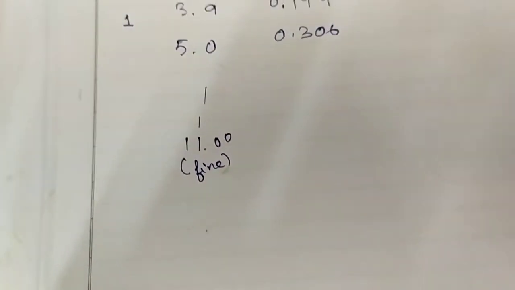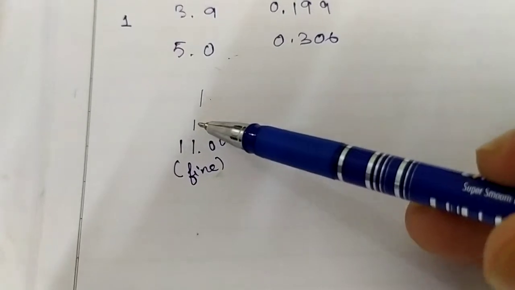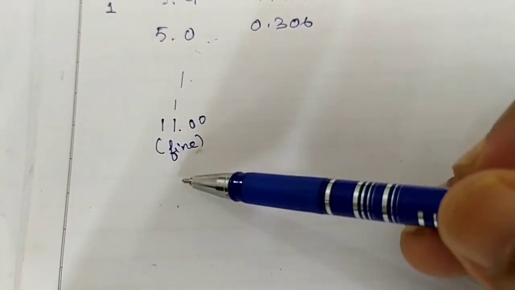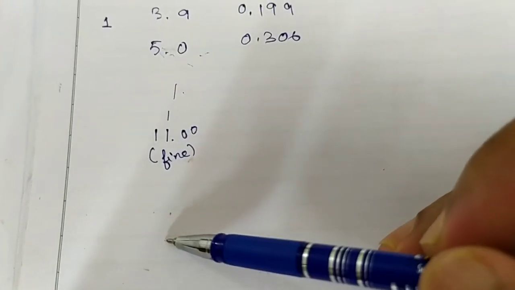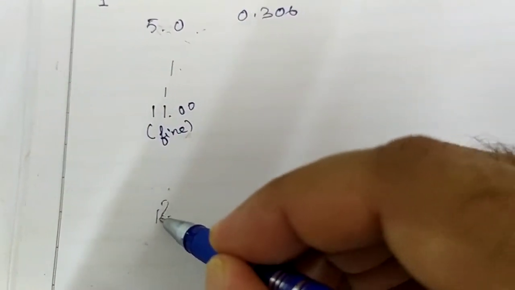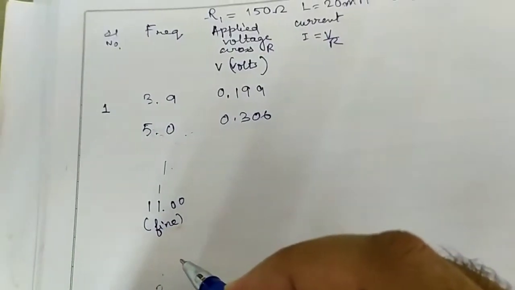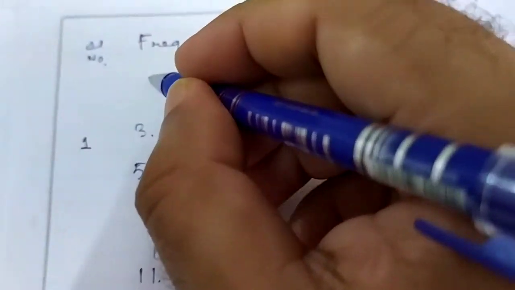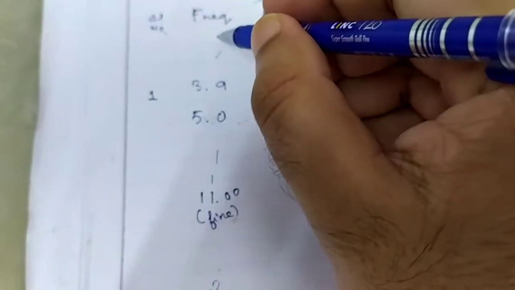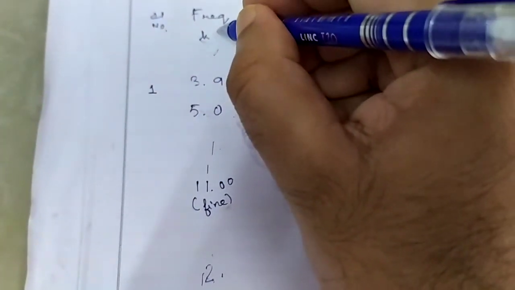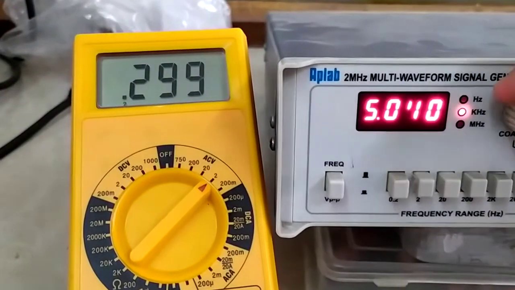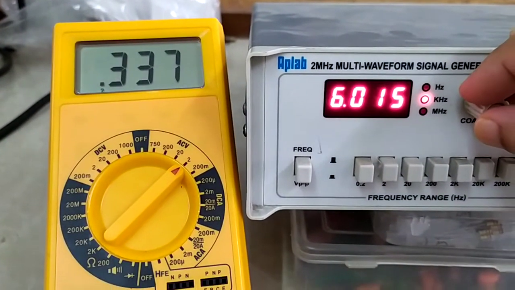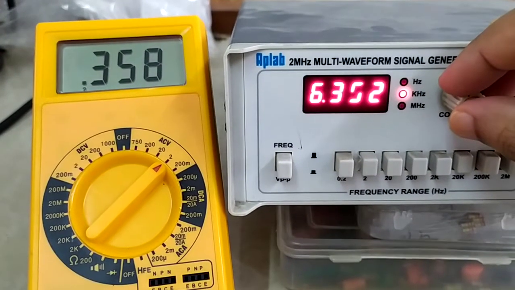Here you can jump from 4, take 5, then 6, and that way continue up to your suitable range. Say I can take from 5 to 12, the last reading may be 12, with frequency in kilohertz.